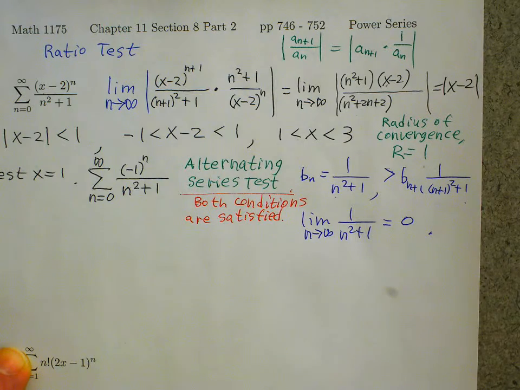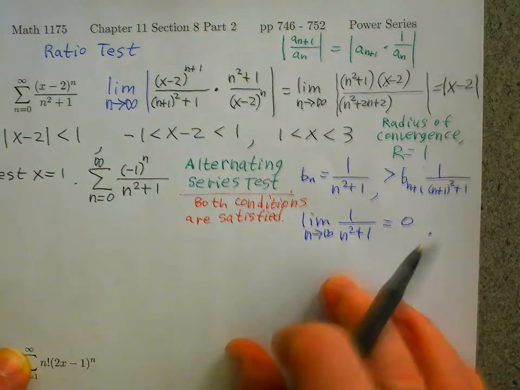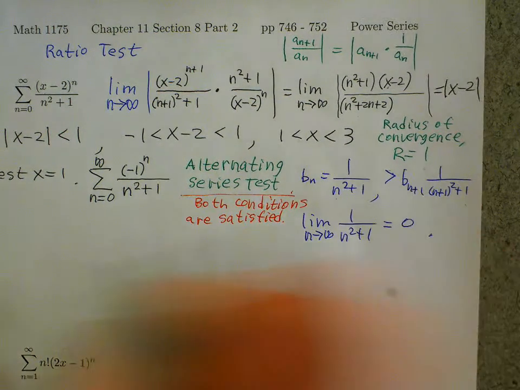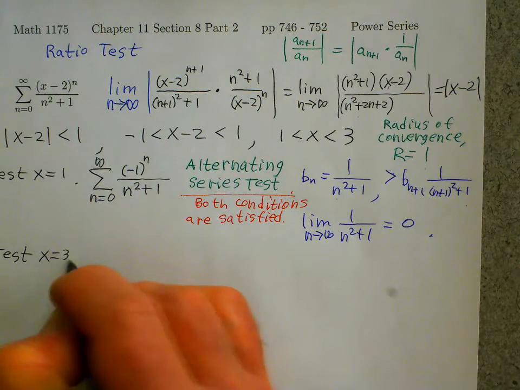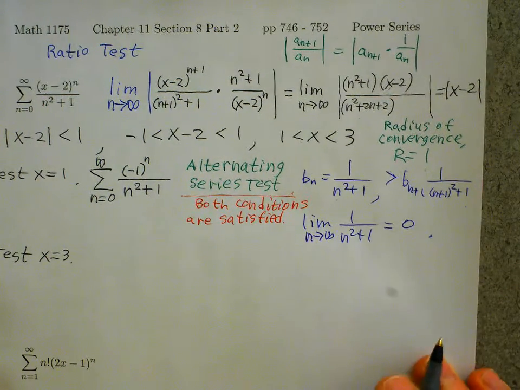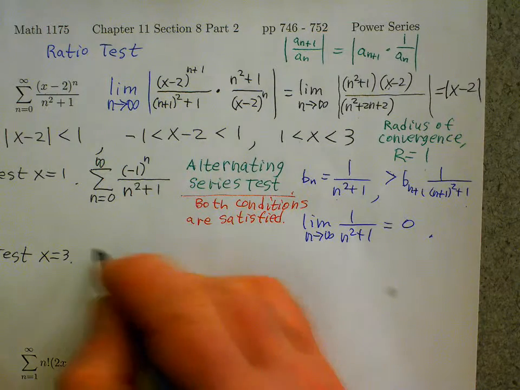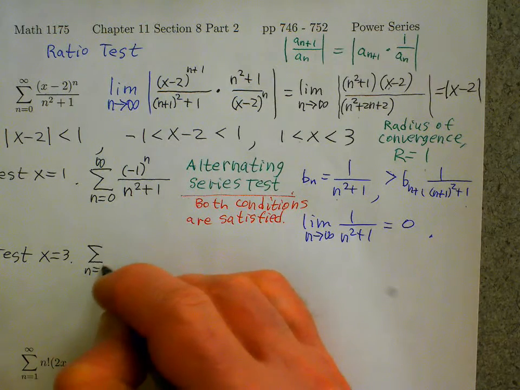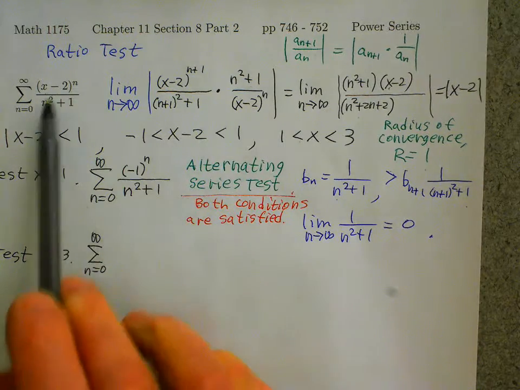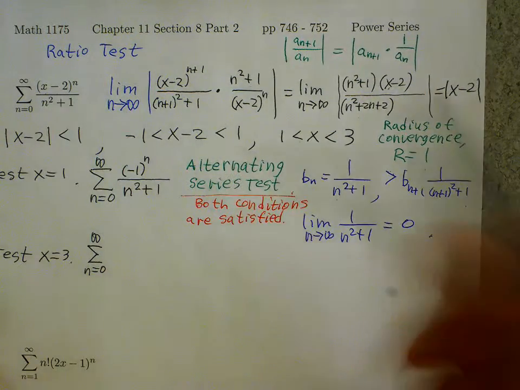Okay, then test the other endpoint. The other endpoint is x equals 3. So in the original series, replace x with 3. 3 minus 2 is 1. 1 to the n is just 1.